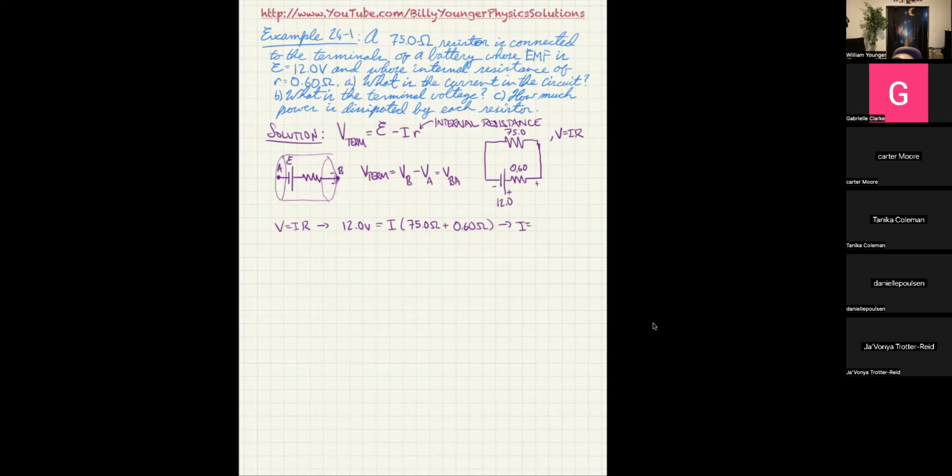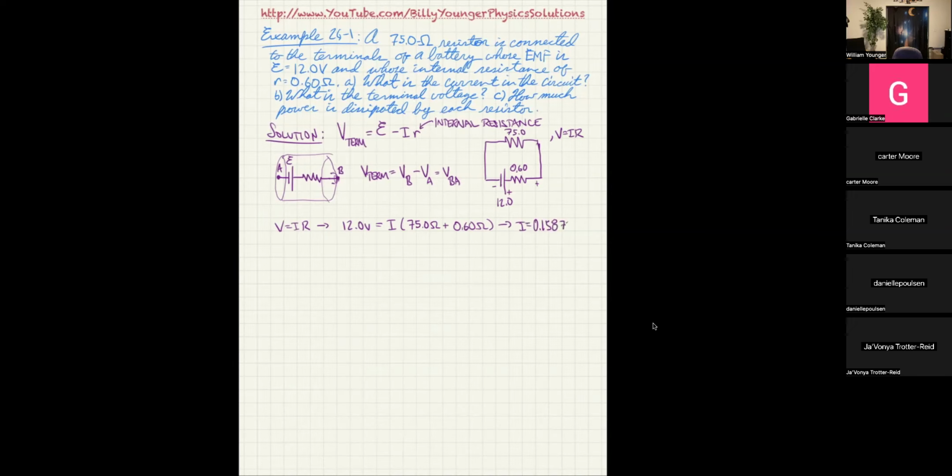So that's 12 divided by 75.6 gives me 0.15. Now notice when you add these together, you still only get one decimal place. So that's 3 sig figs, and then 3 sig figs into 12.0. So I really only have 3 sig figs. I'm going to say this is 0.158.